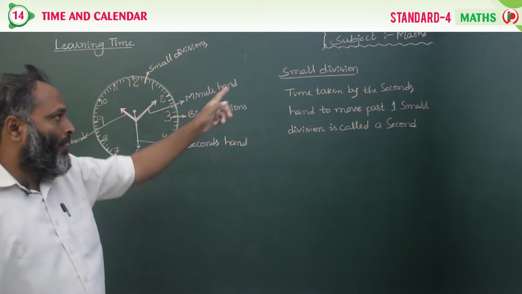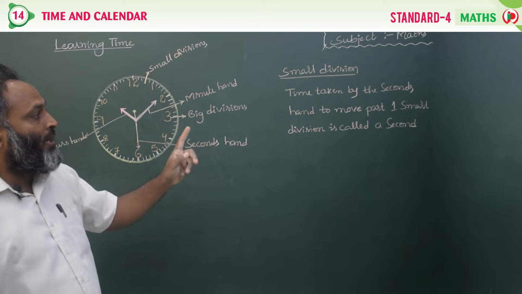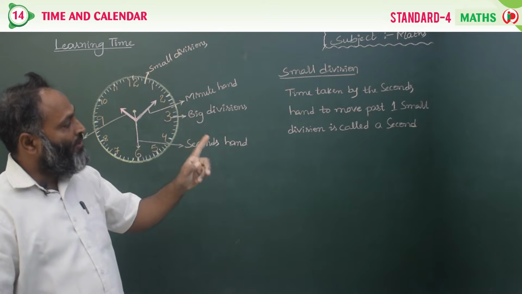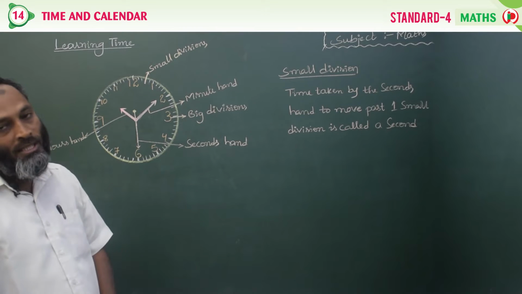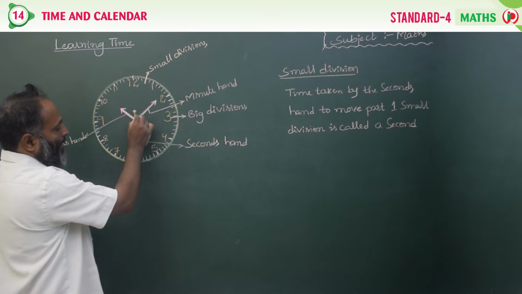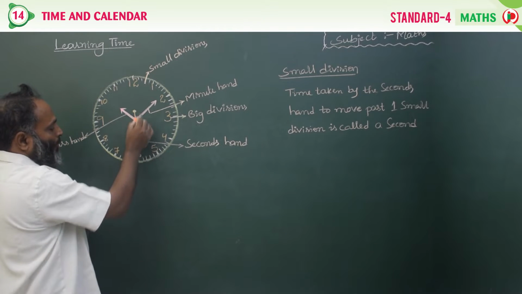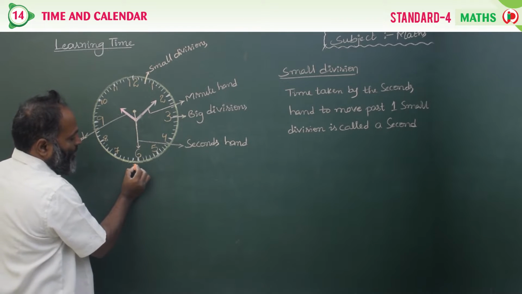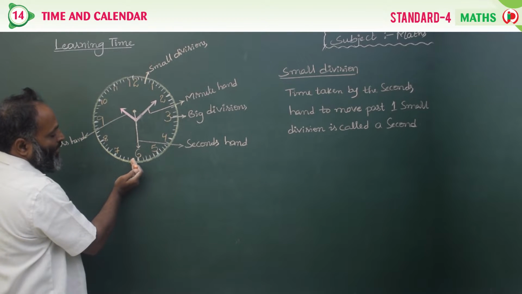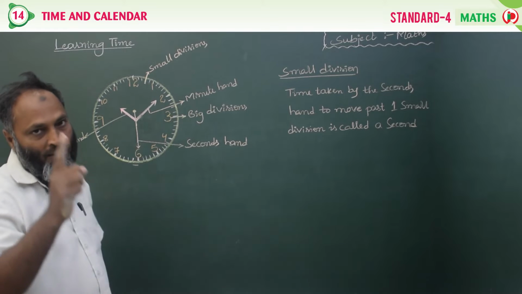See here, the time taken by the second hand to move past one small division is called 1 second. This is the seconds hand. If it moves from here to here, one small division, then that makes 1 second.